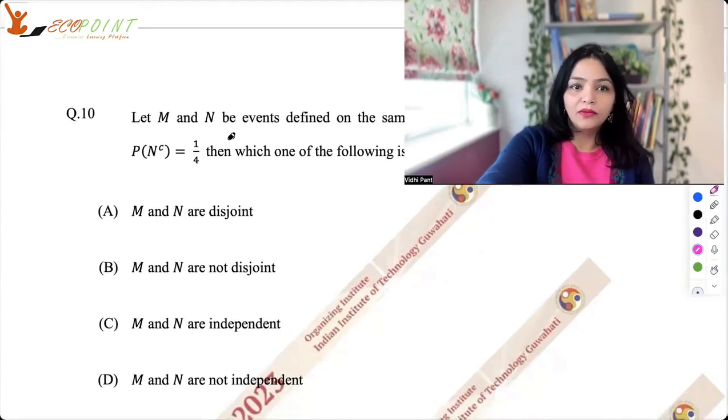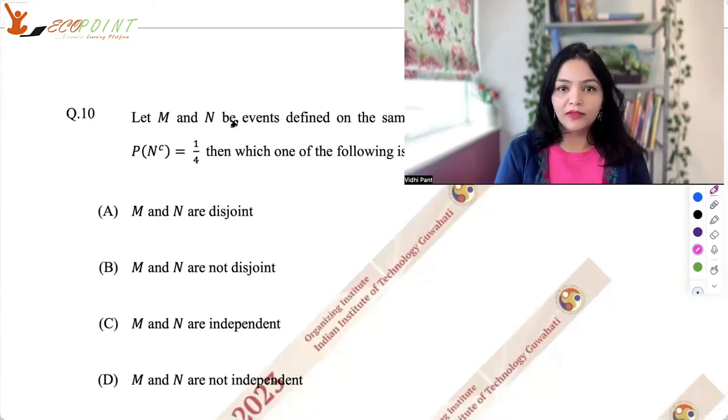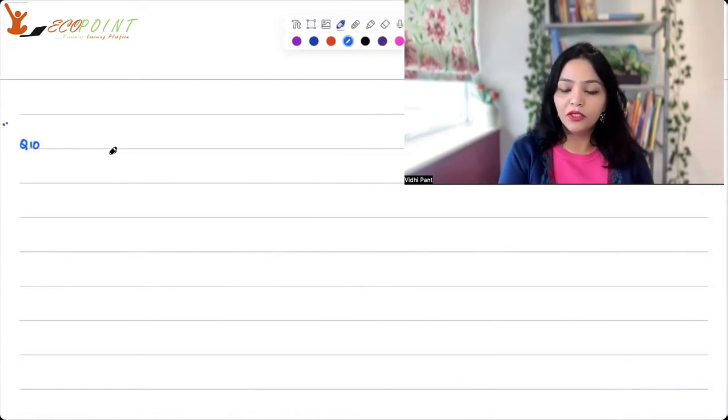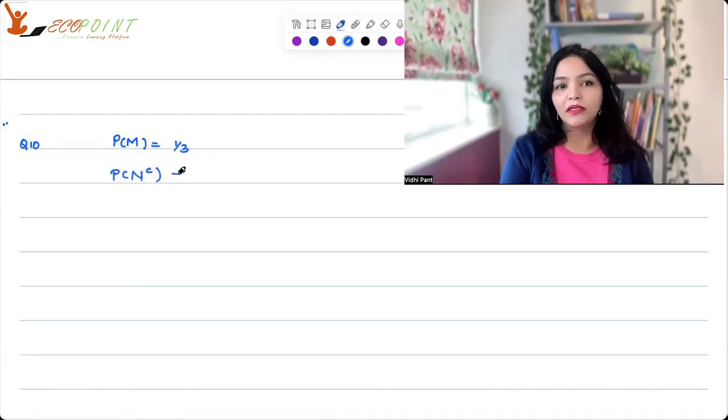Okay, so in order to solve this question, we first need to put down the information. The information provided to us is that the probability of some event M is 1 by 3, and the probability of some event N complement is 1 by 4.